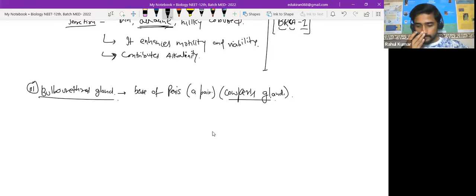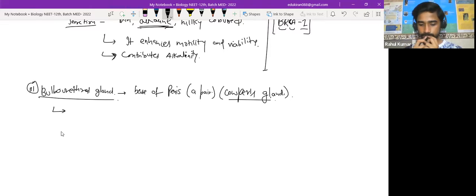Now write down what it is. The most important thing about the bulbourethral gland, which has been asked, is that this is the first gland that responds to sexual stimulation.